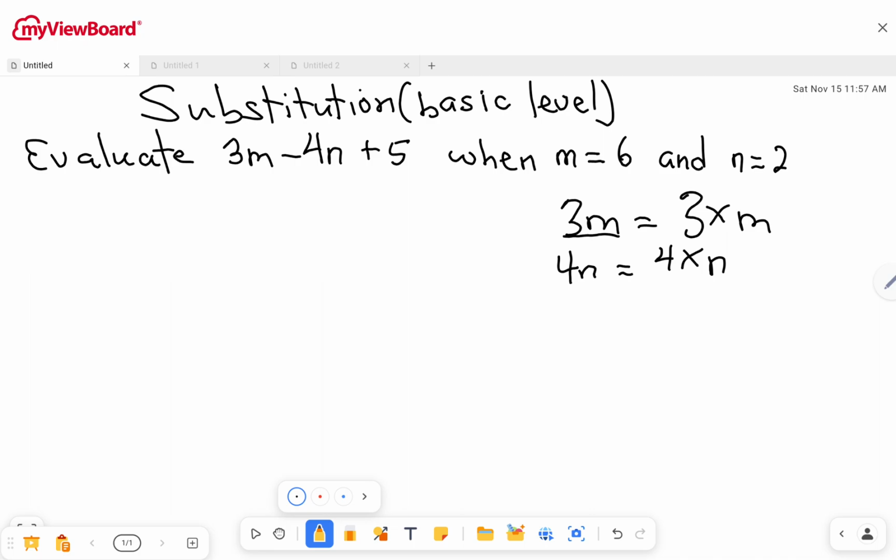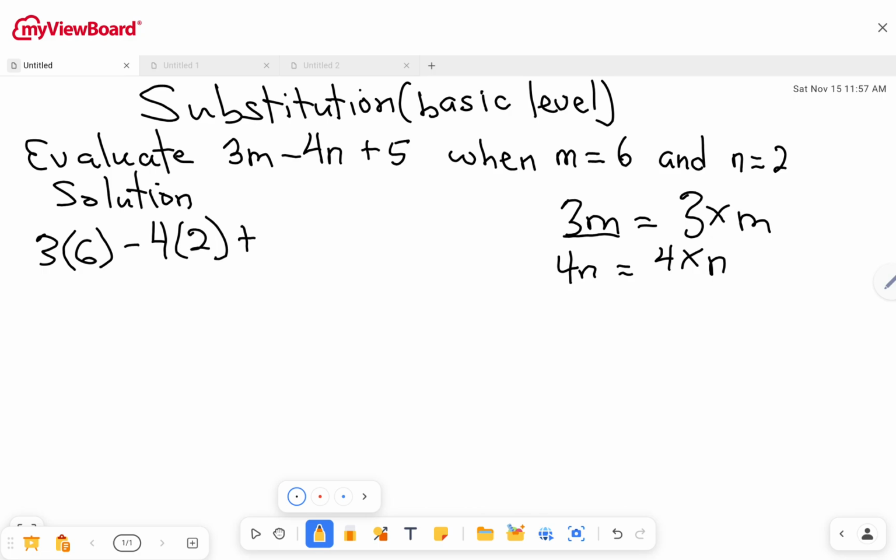So we are going to have 3, then I bring my parentheses here, and I replace the m by its value, which is 6. Then I'll bring my subtraction sign, I write the 4, and I replace the n by its respective value, which is 2.